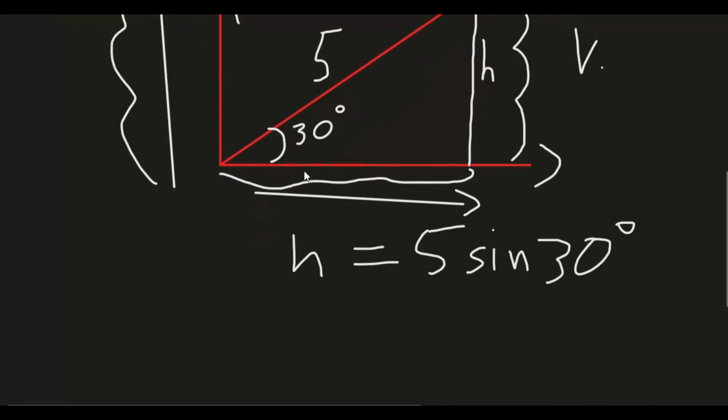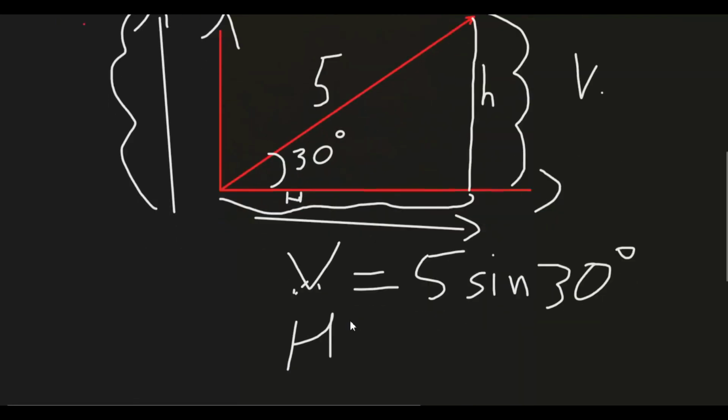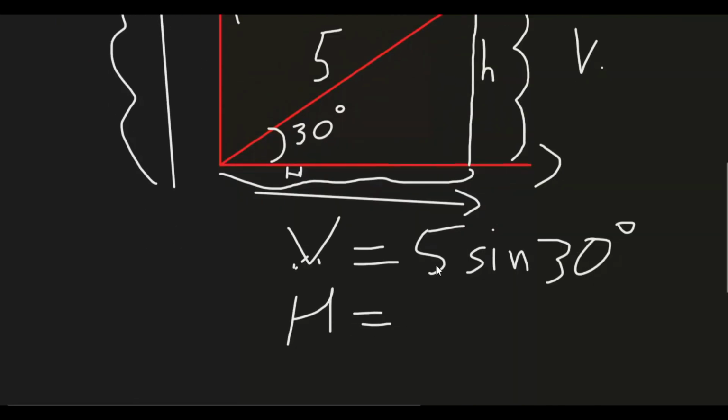Let's just write it as vertical v, because otherwise you're gonna be confused about height and vertical force. So it's horizontal force, right? And to find this distance here, we use 5 cos 30, right?